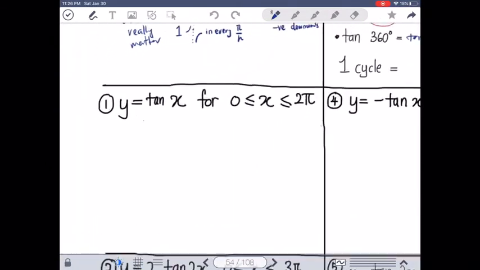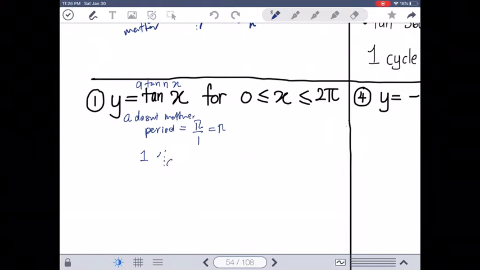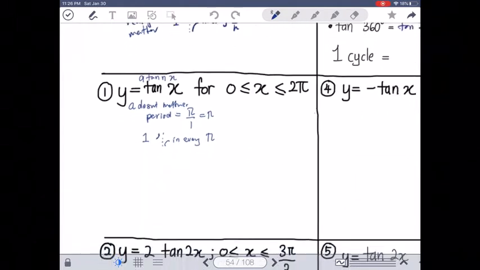Right, let's have a look at the first one. Again, for the tan graph, A doesn't matter. And the period is pi over n. In this case, our n is 1 because we have A, tan, and x. N is 1, so the period equals pi, meaning one cycle in every pi.